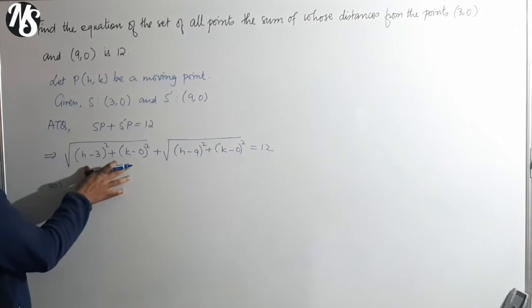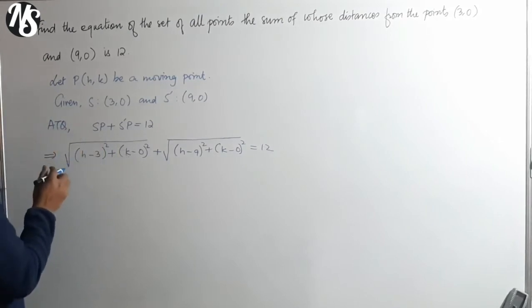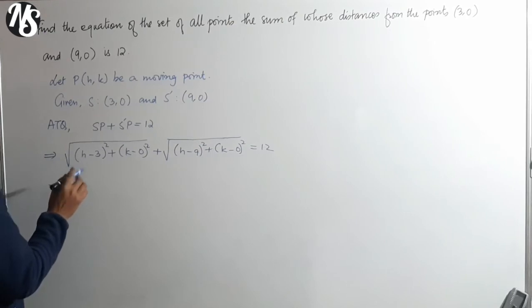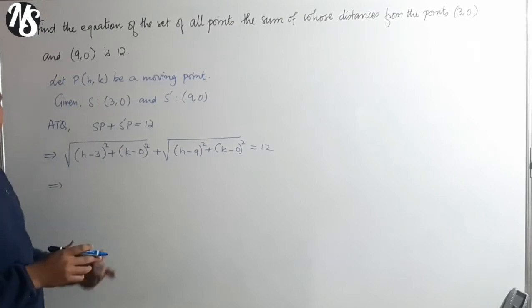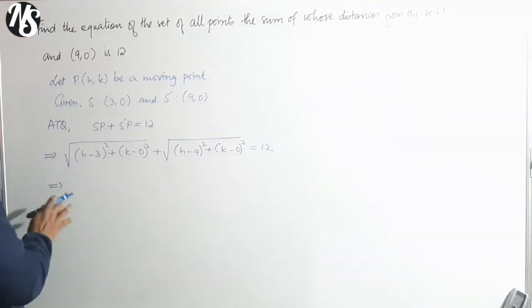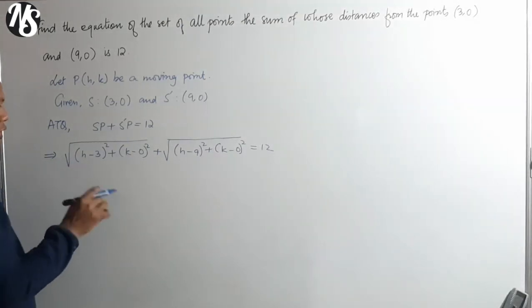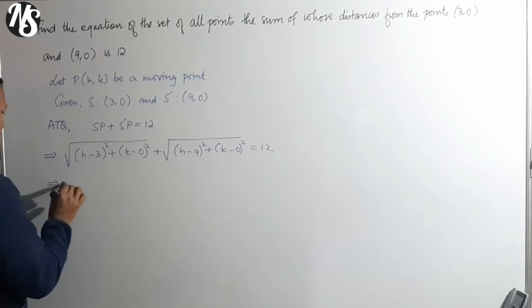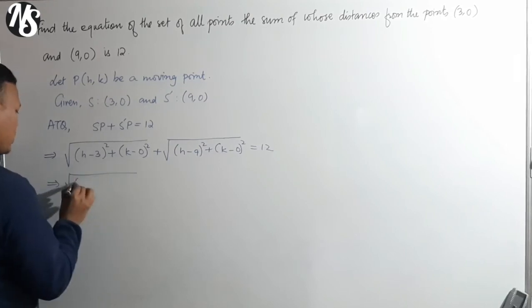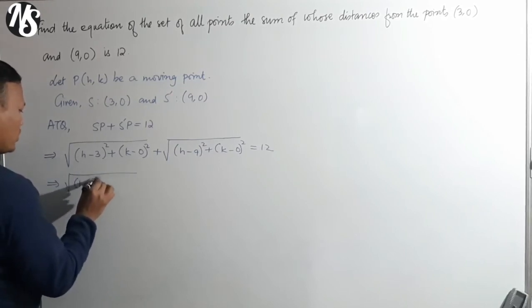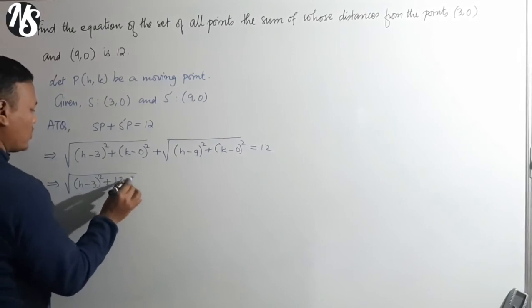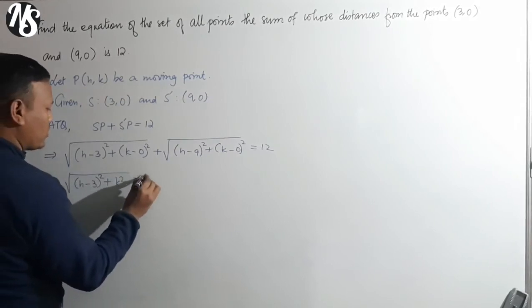See here carefully, this can be written as... what you can do here is square. Let's not square right now, let's simplify this. So we have the square root of (h minus 3) whole square plus k square, and this can be written as 12.